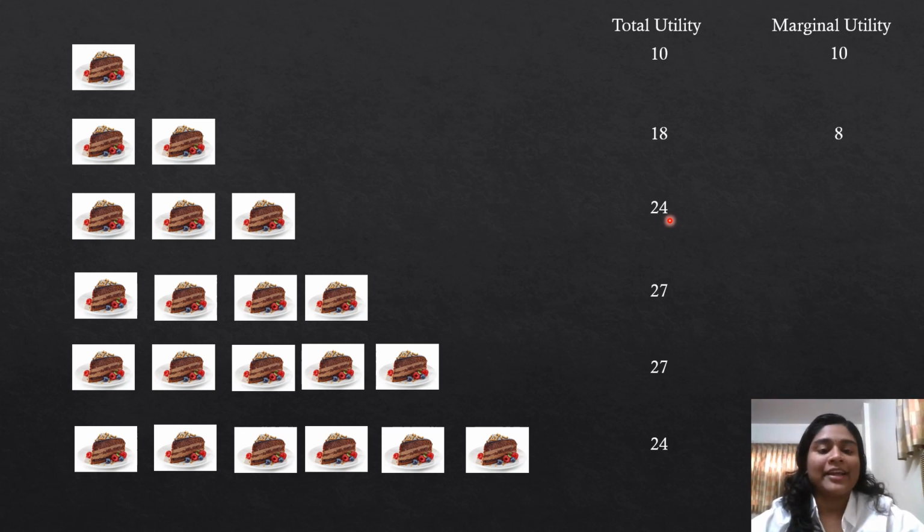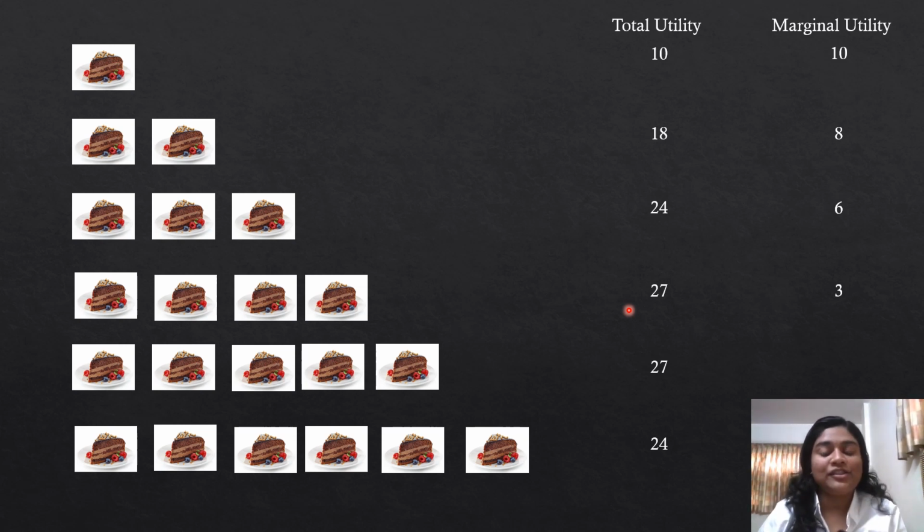Similarly, for the third piece of cake, how much utility is it adding? It is nothing but 24 minus 18, which is 6. Similarly, the difference between the fourth piece of cake and the third piece of cake is nothing but 3.